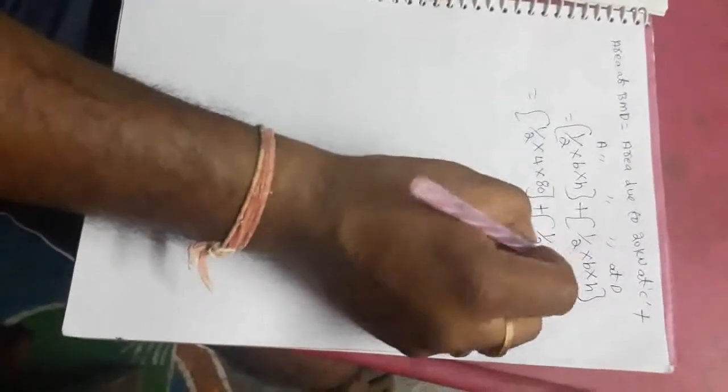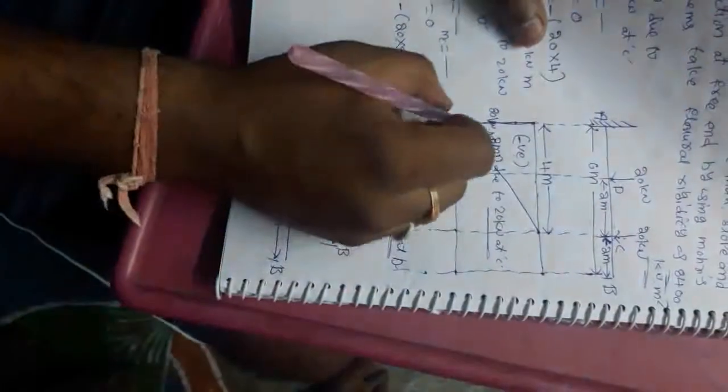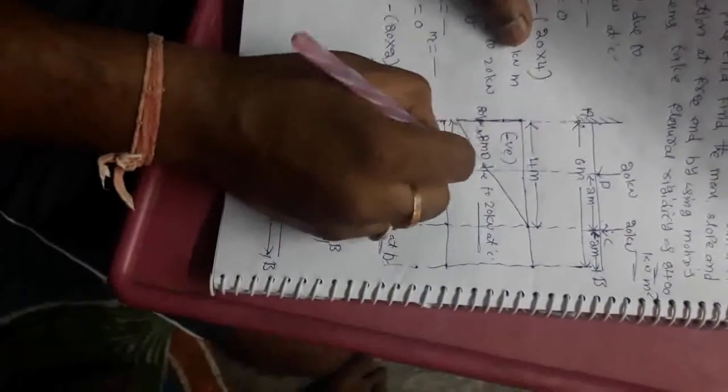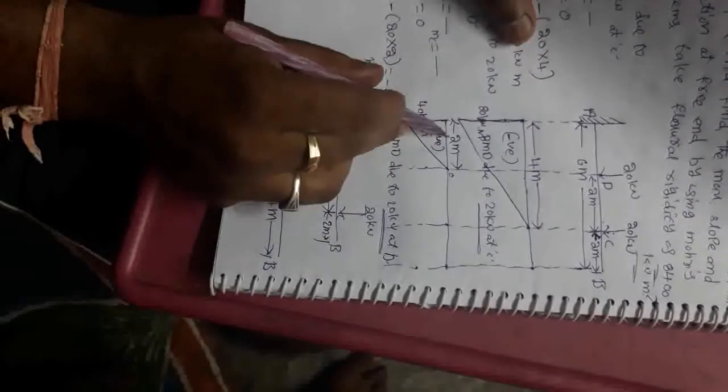So base 4 and height 80. Plus half into base, here base equal to 2 meters, and height equal to 40.